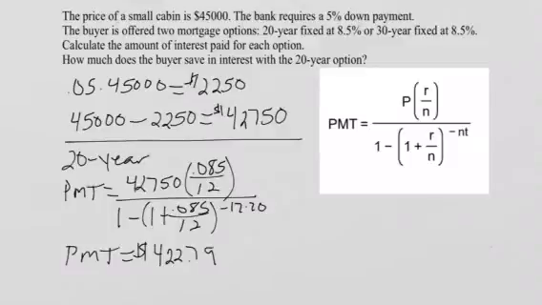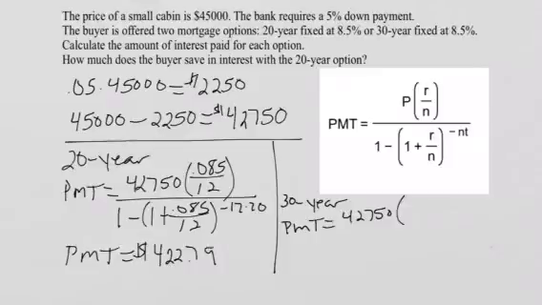Alright, so now let's do it for the 30-year. Again, we're going to plug in to the formula. So we have 42,750 times my rate, which is 0.085, over my n, which again is 12, 1 minus 1 plus 0.085 over 12 to the negative 12 times this time, my T is 30.